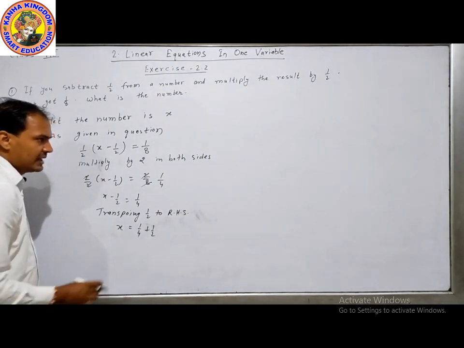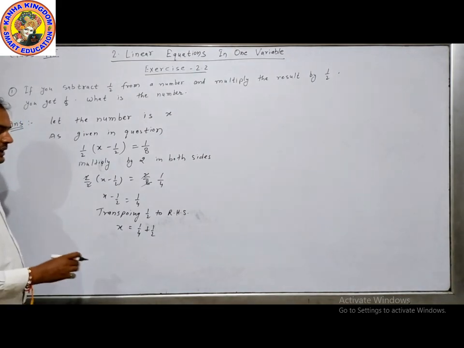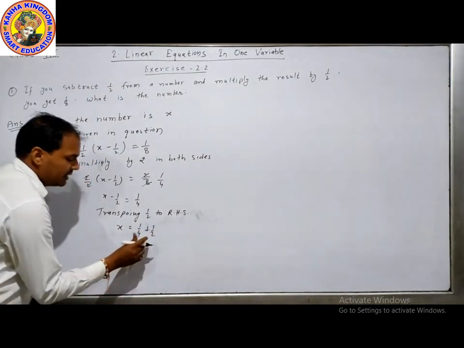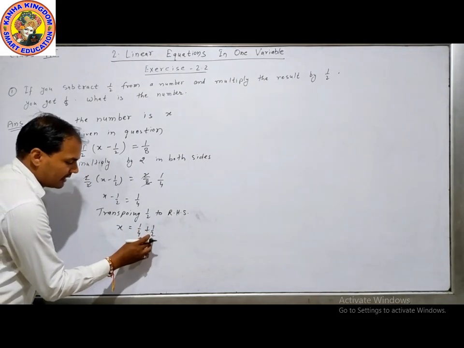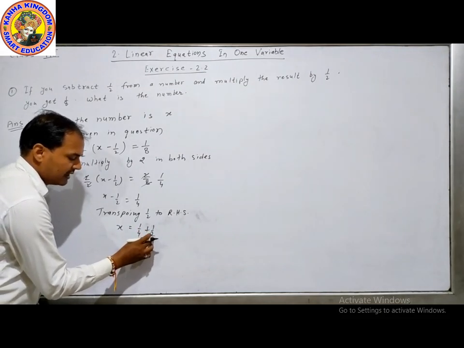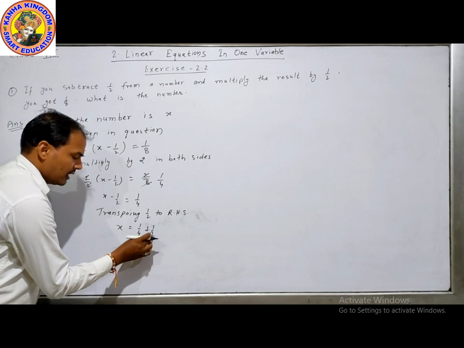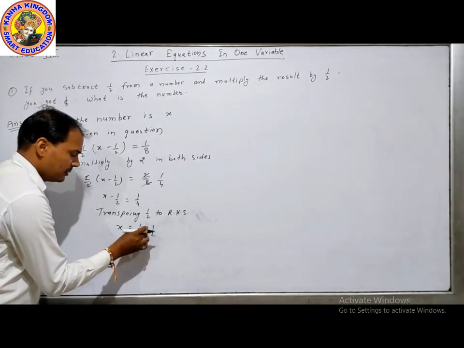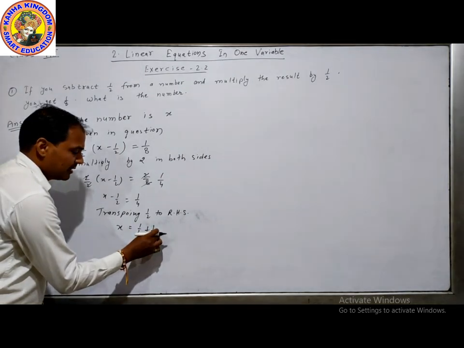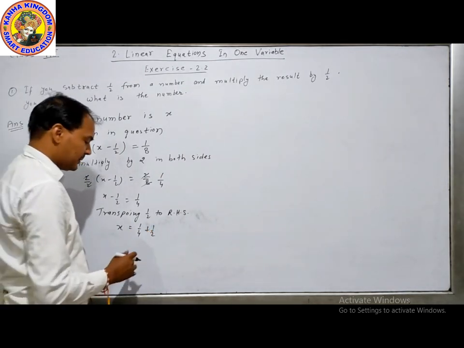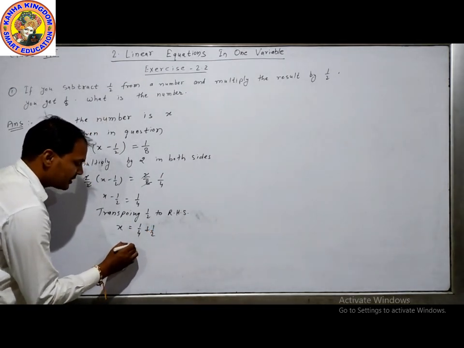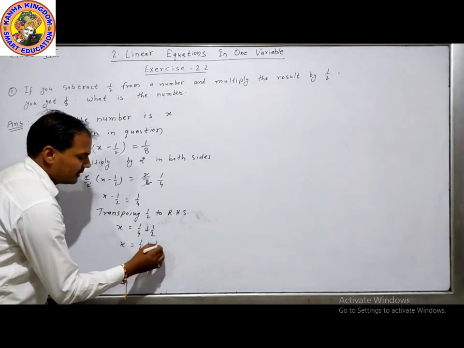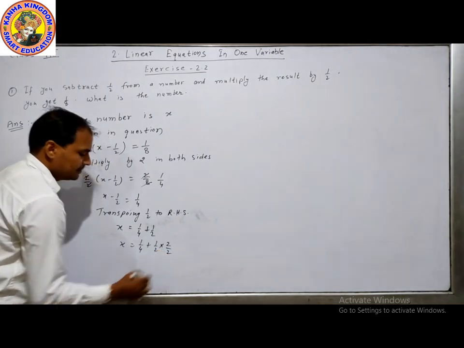There are two rational numbers, we have to add these numbers. When we add, the denominators must be equal. What to do to convert 2 into 4? We multiply by 2, then we get 4. x is equal to 1 by 4 plus 1 by 2 multiplied by 2.